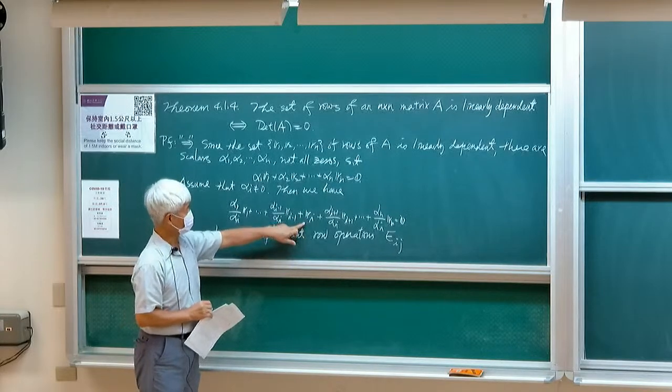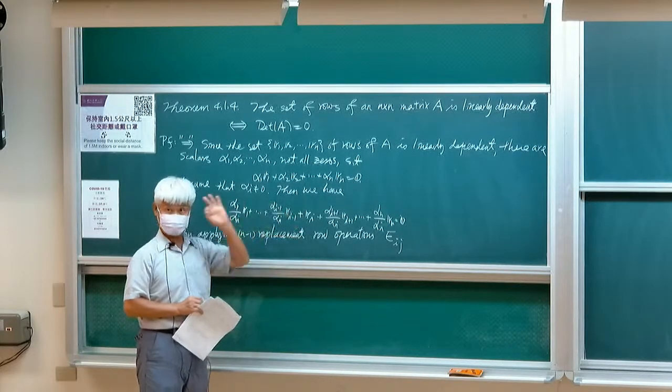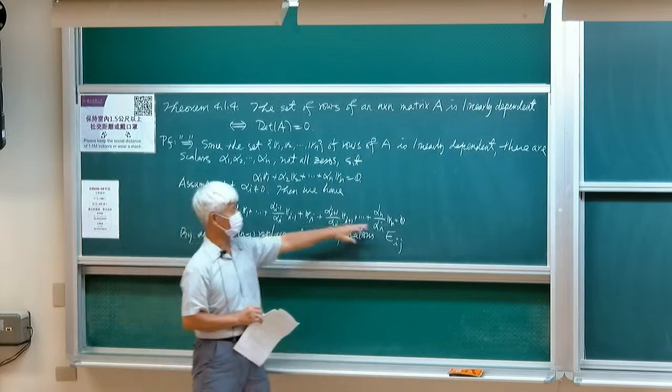So we want to turn the ith row of matrix A to 0. How?